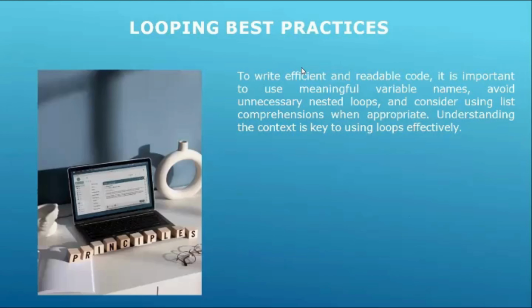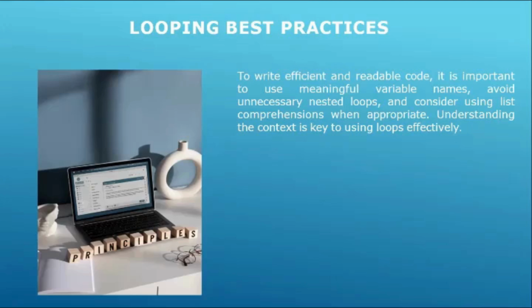The next concept that comes into the picture is looping best practices. The best practice for looping is to write efficient and readable code. It is important to use meaningful variable names. When we are using any loop, we should write it in a very simple and readable way, and avoid unnecessary complexity. If it is very simple to print the first n numbers, rather than using nested loops, you can use only a for loop to print.